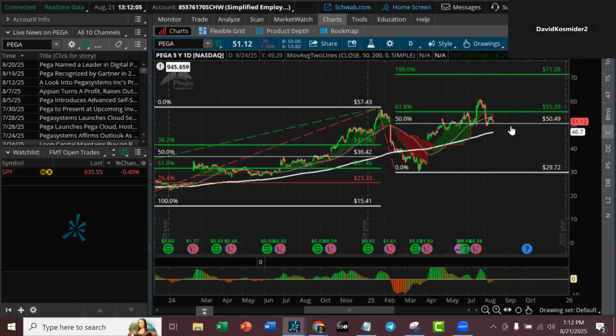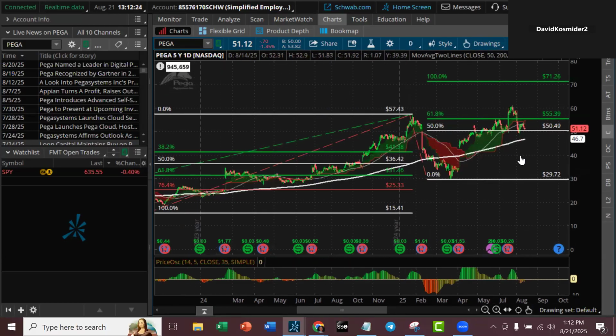And the 200 is a potential support area, and ChatGPT saying, yeah, if you get a trigger for a long trade, couple percent. If you get a trigger for a short trade, couple percent. So it doesn't seem like an exciting candidate for me. So that's the thought on PEGA.